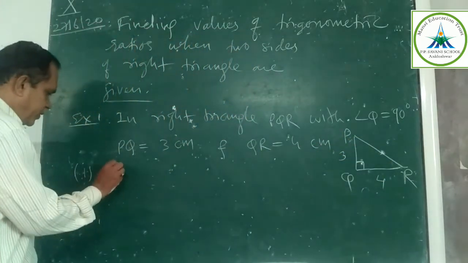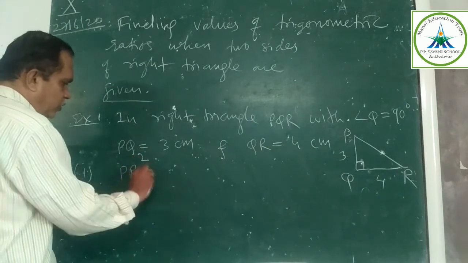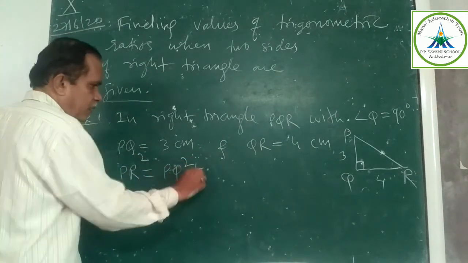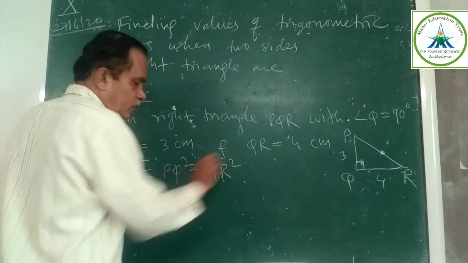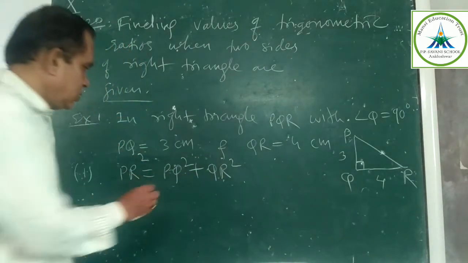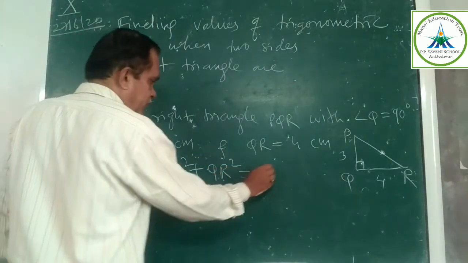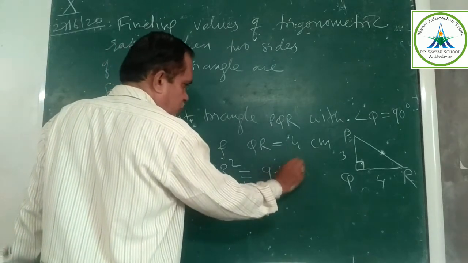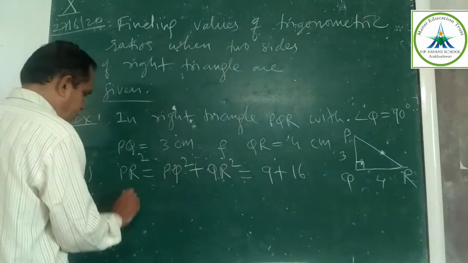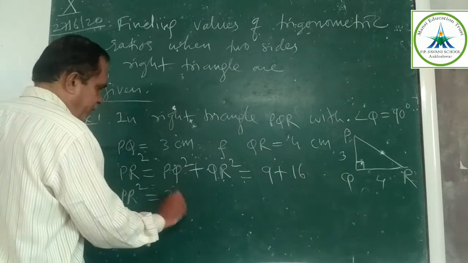Yes or no? See, PR square equal to PQ square plus QR square. We know this. That is equal to PQ square is what? 9, plus QR square is what? 16. You got it? PR square equal to 25.